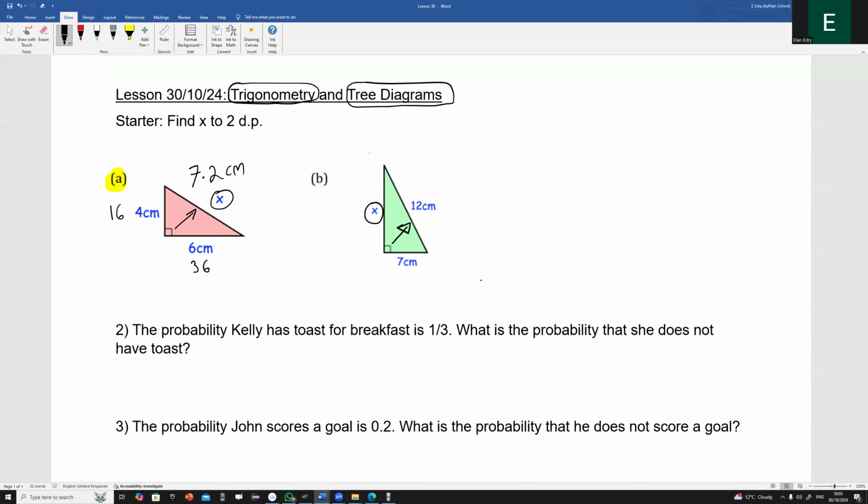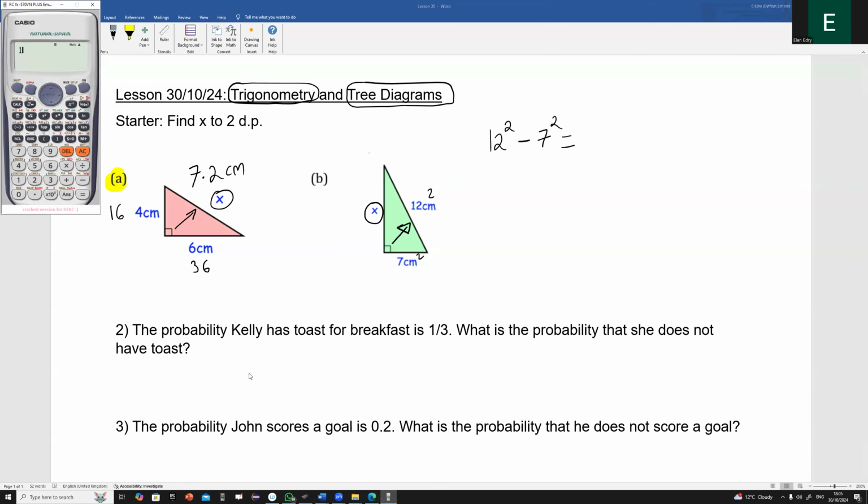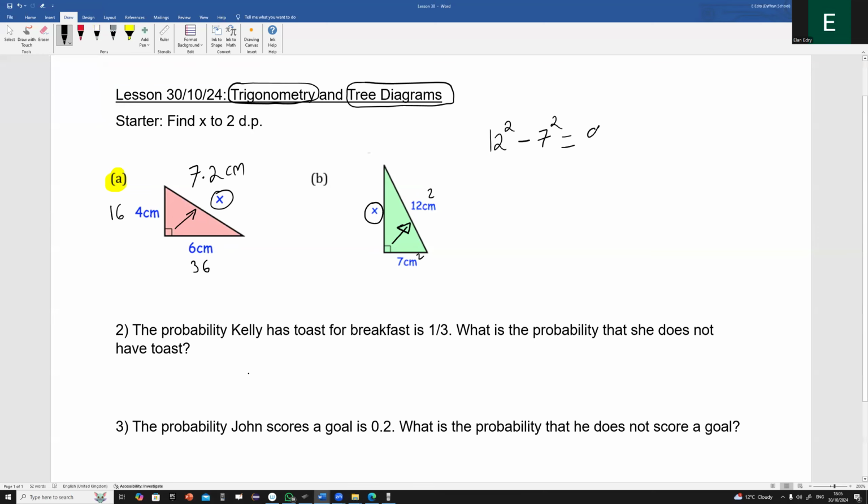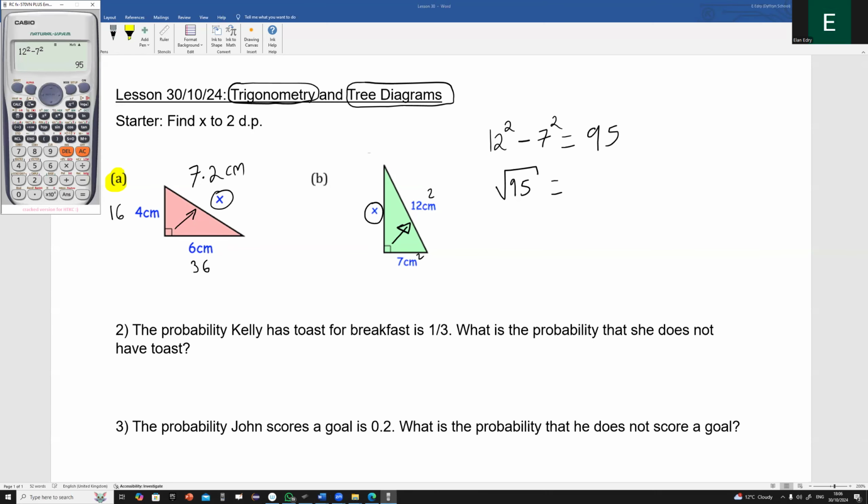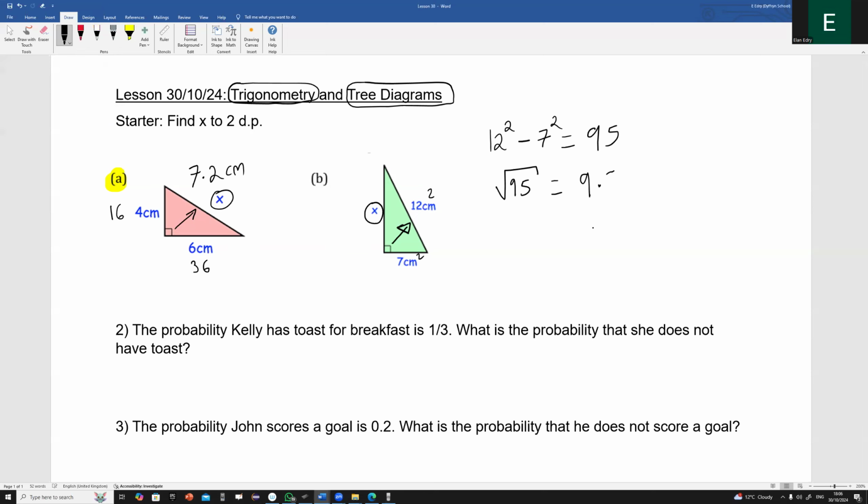So I'm going to do 12 squared, take away 7 squared, as opposed to plus, which is 95. And then we need to square root 95. And that gives me 9.75. Okay, so we know that the 12 is the hypotenuse or the longest side because it is opposite the 90. Is that okay?